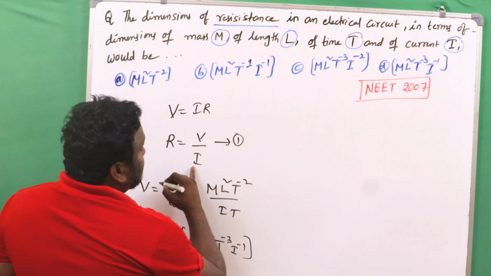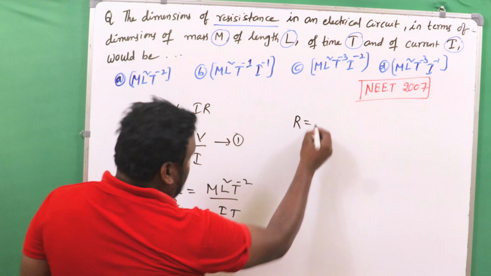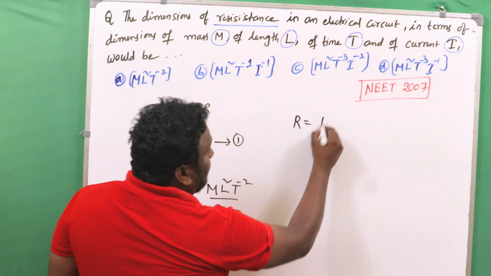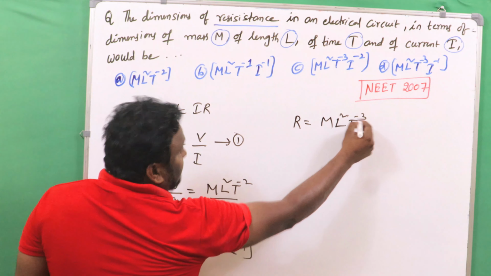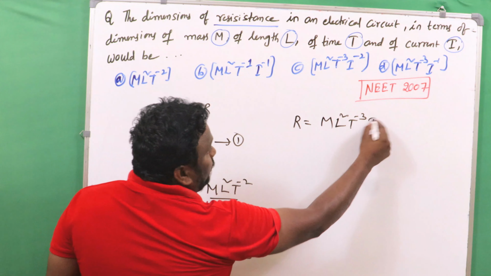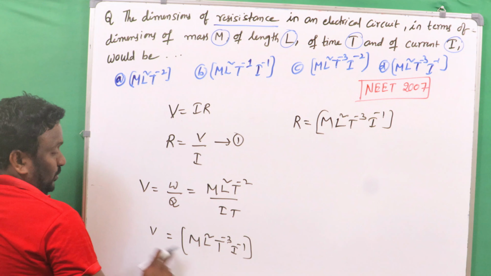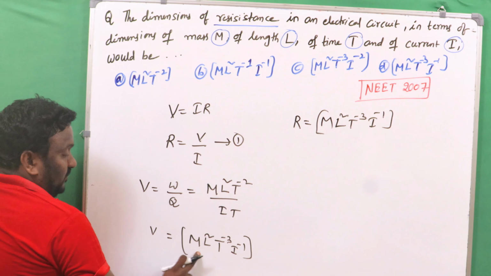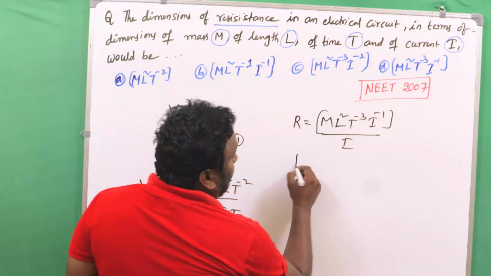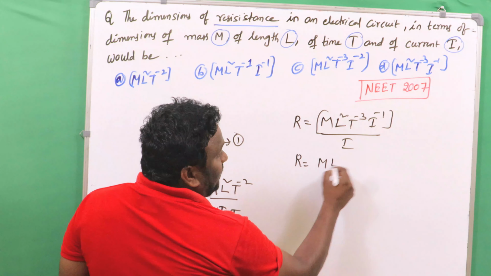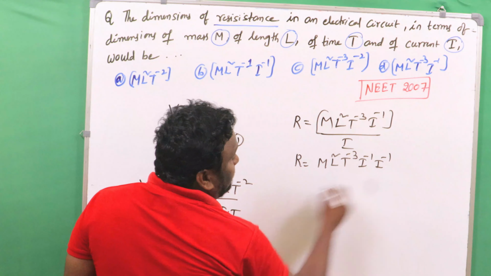And now what is I here? I is the current. Substitute here: R is equal to V by I. V has dimension formula ML square T inverse 3 I inverse 1, and divided by I. Then R is equal to ML square T inverse 3 I inverse 1 into I inverse 1.